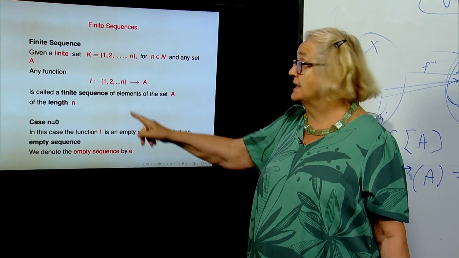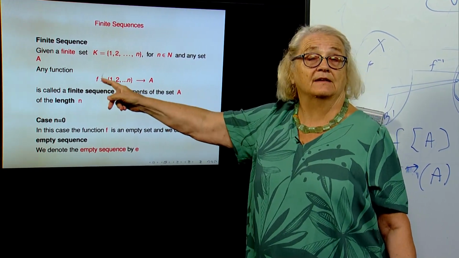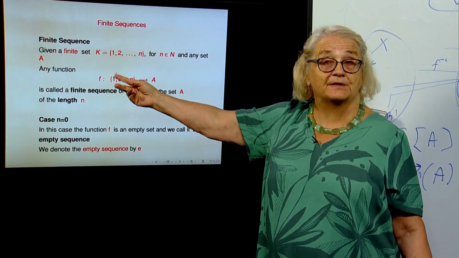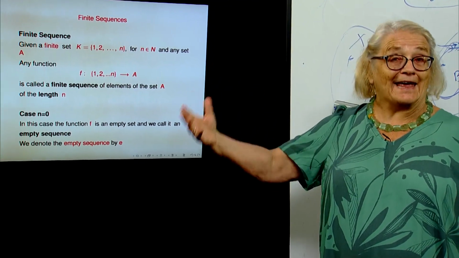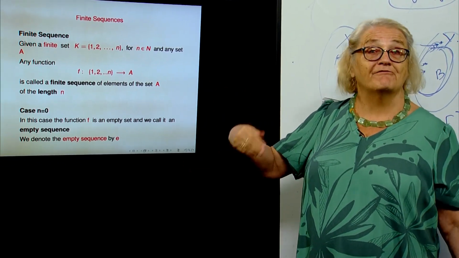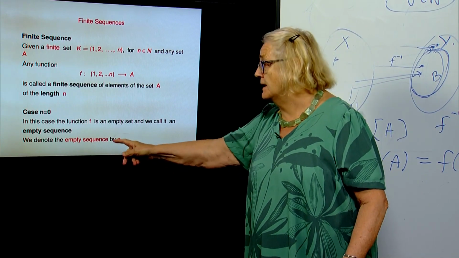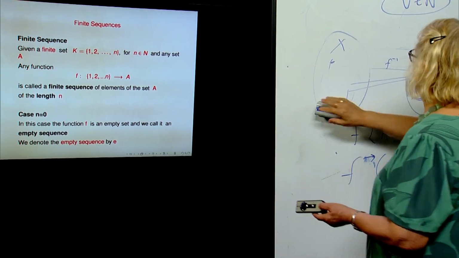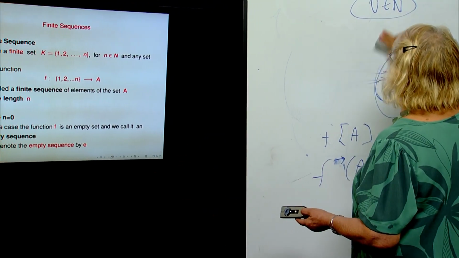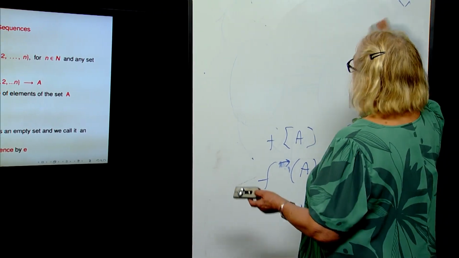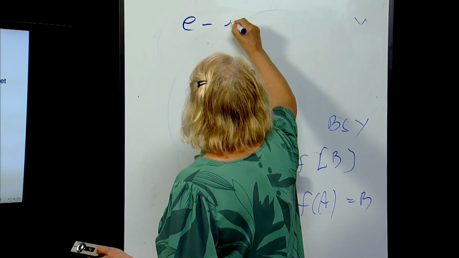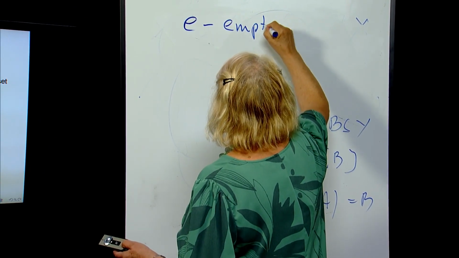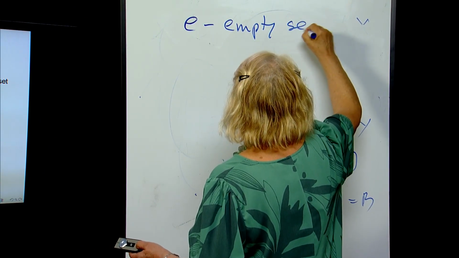The domain is an empty set. The empty set cross product with any set is an empty set, so the function is the empty set. So we have the notion of the empty sequence, which we denote by e, the empty sequence.